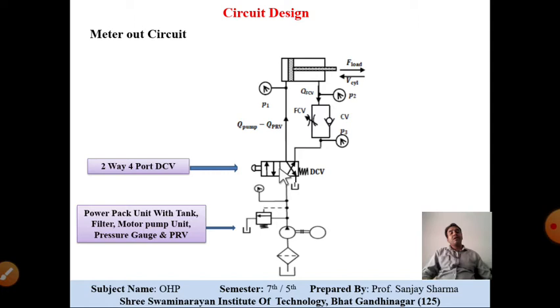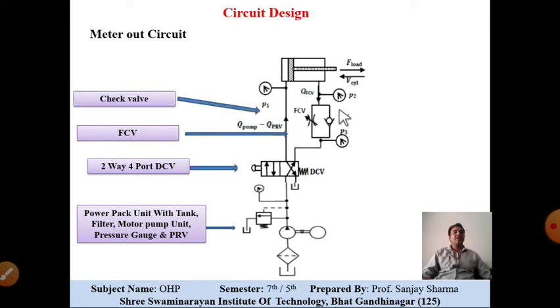Now how does the meter out circuit differ from the meter in circuit? Here you can see the flow control valve, this is the FCV, and this is the check valve, which is applied here. This is the pressure gauge.